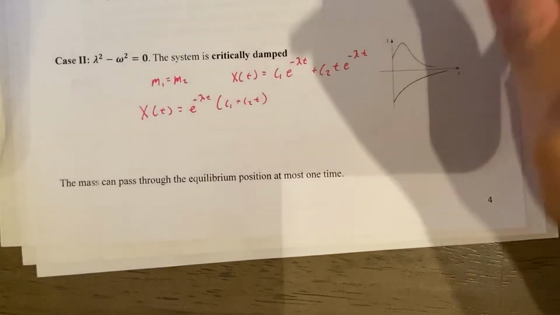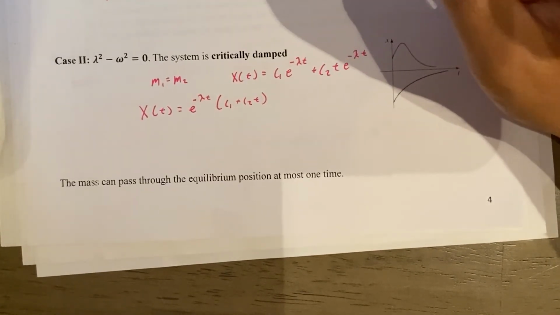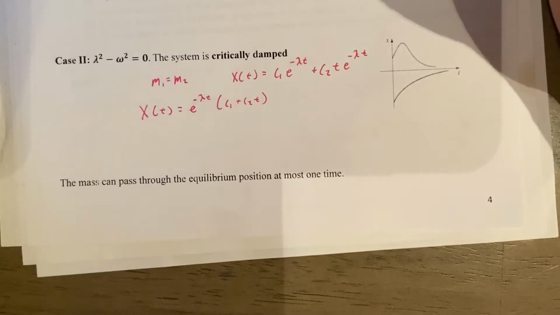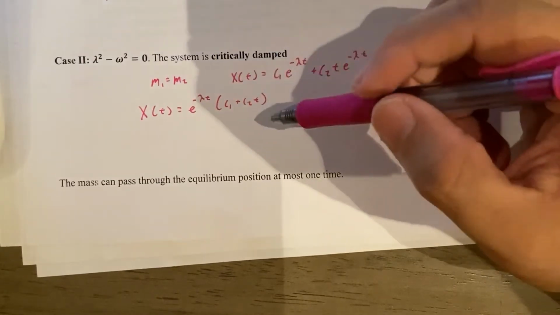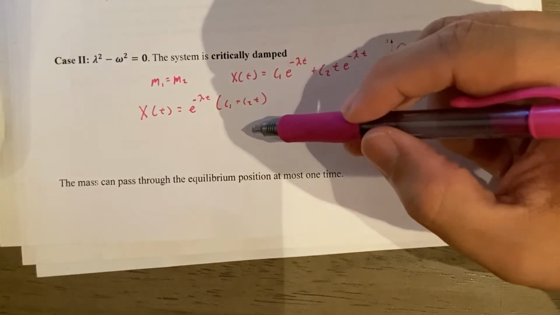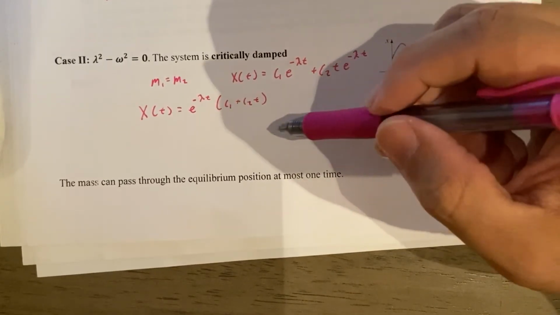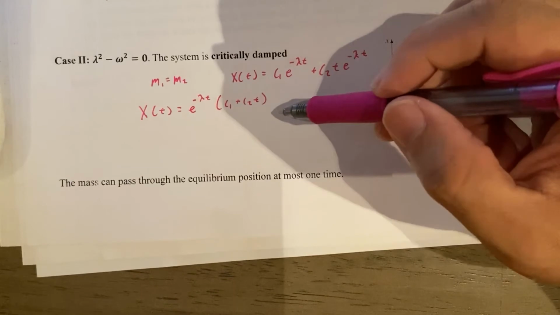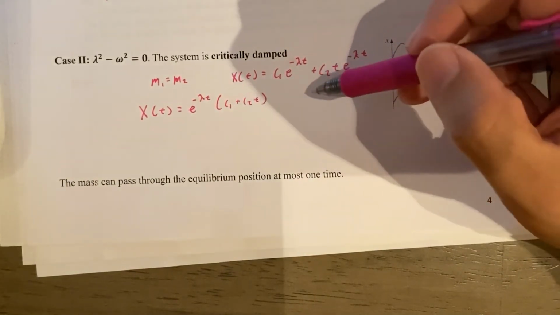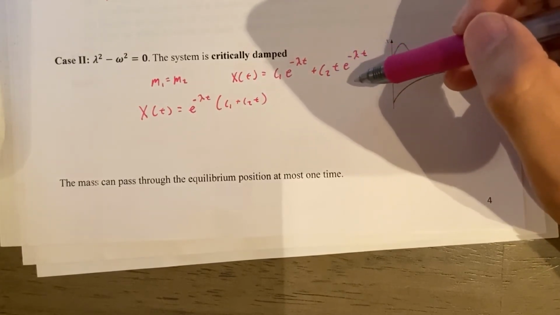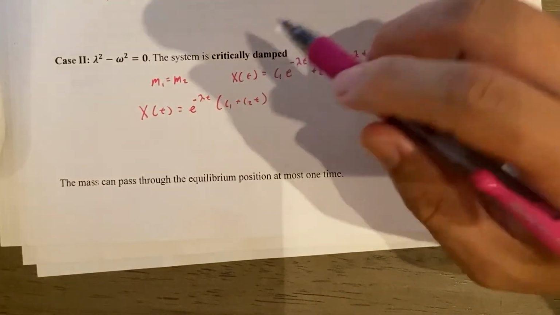Meaning that the resisting force applied to it is so great that instead of having our spring go up and down until it gets back to the equilibrium position, it could just pass through the equilibrium position once before it gets back to it, instead of going a few times. So it's pretty strong considering that we have a spring.